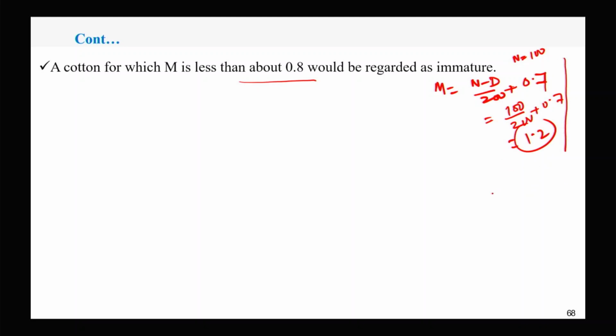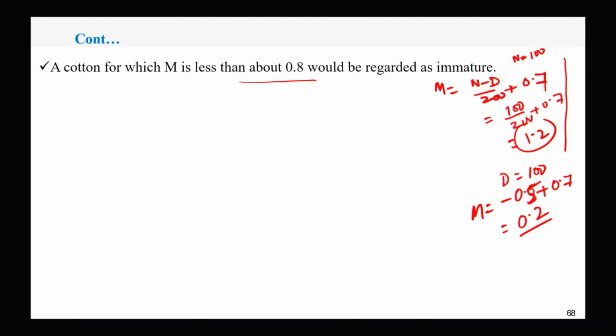In another case, say all the fibers are dead fibers, no development. Then minus 100 by 200, which is minus 0.5, plus 0.7, so it will be 0.2.